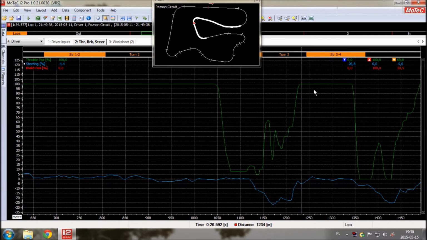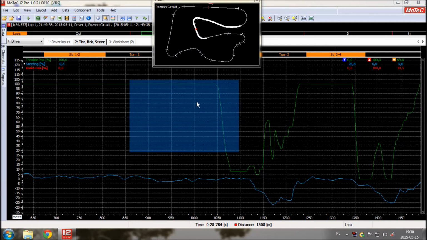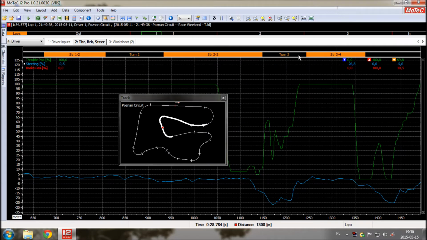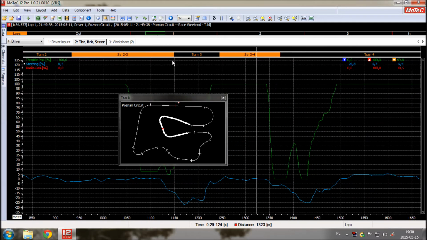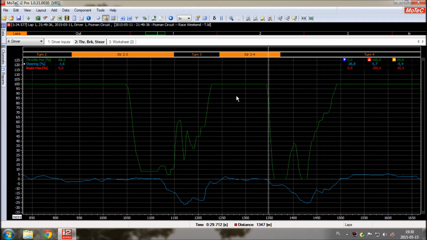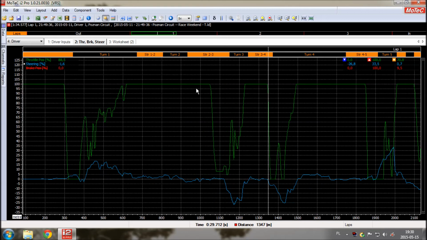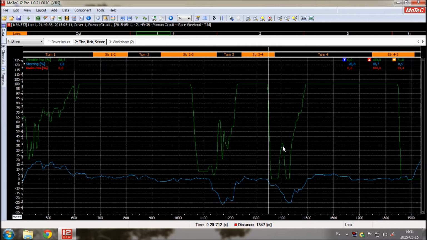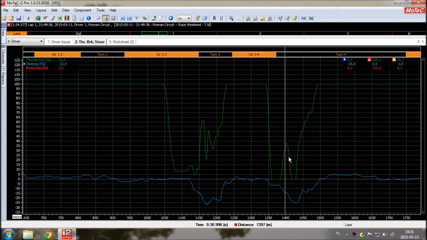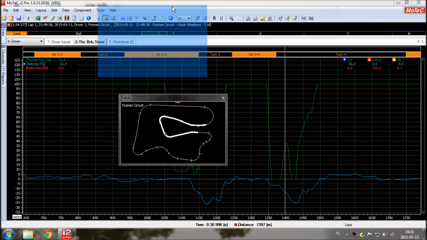Okay, good. So we exit turn number 2, which I know. Okay, it's here turn number 3. Okay, so let's use these names. So we are approaching turn number 4, and I have to say that comparing turn number 1, 2, and 3 and turn number 4, without this thing here, throttle application, let's see the map.